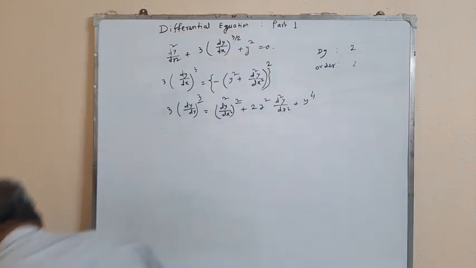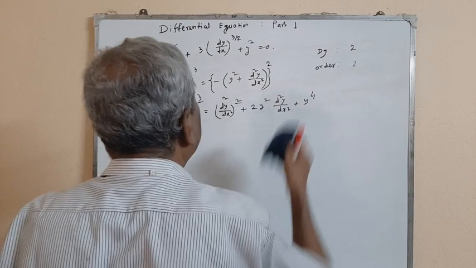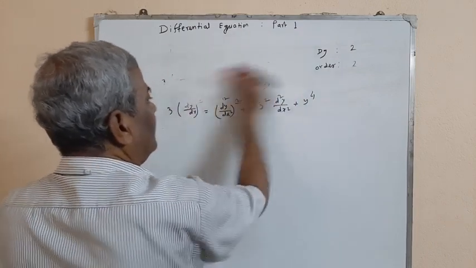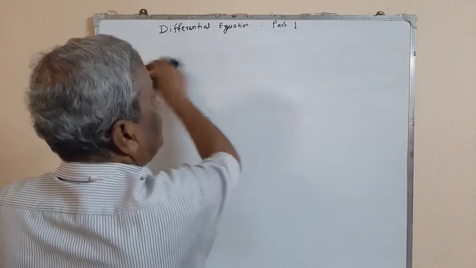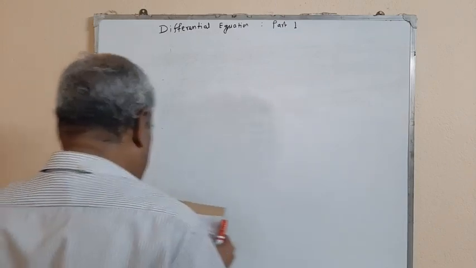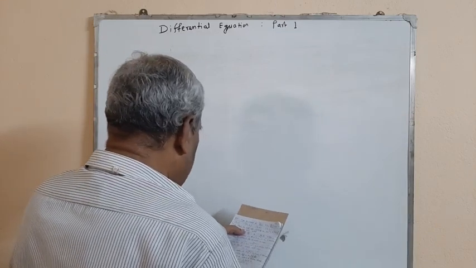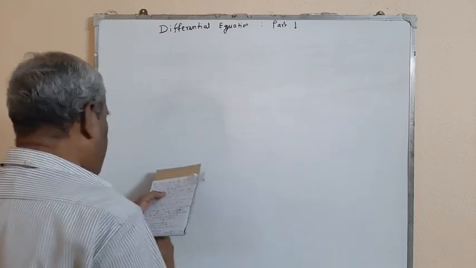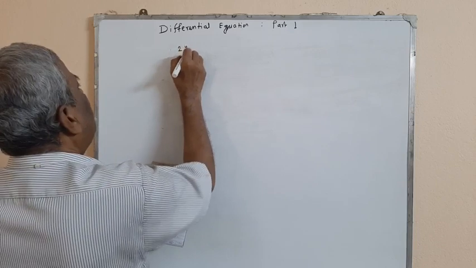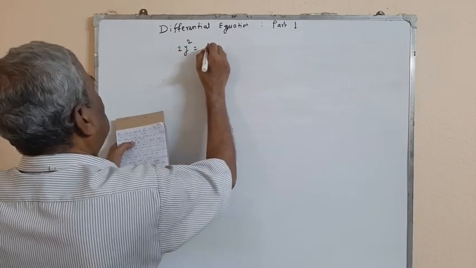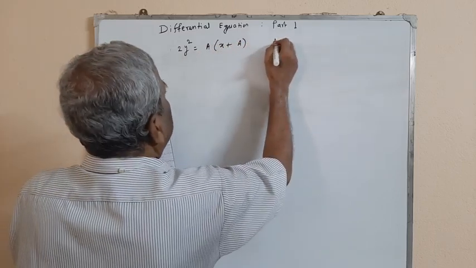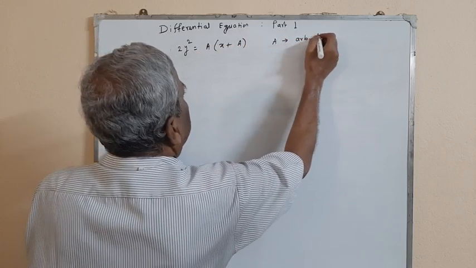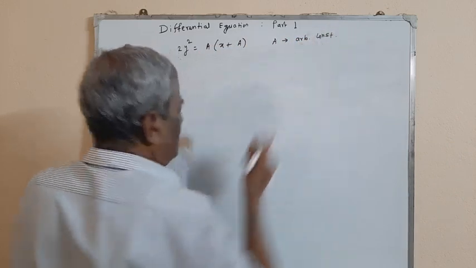Next. To form the differential equation corresponding to 2y square is equal to a(x plus a), where a is an arbitrary constant.